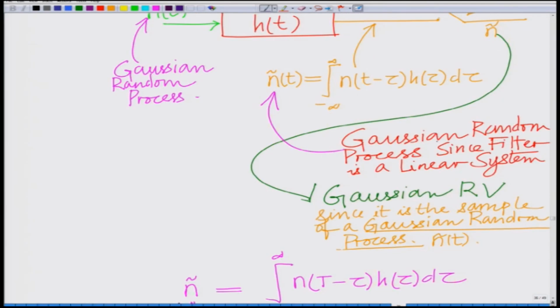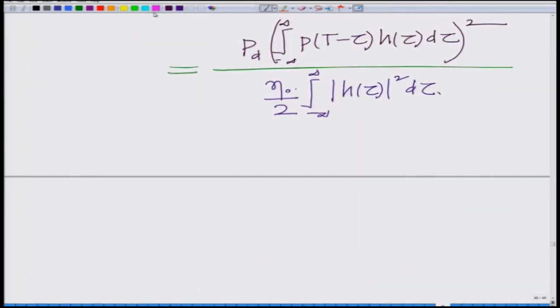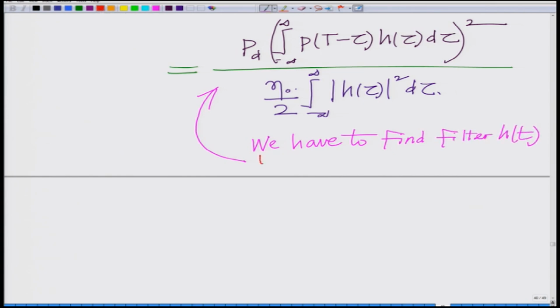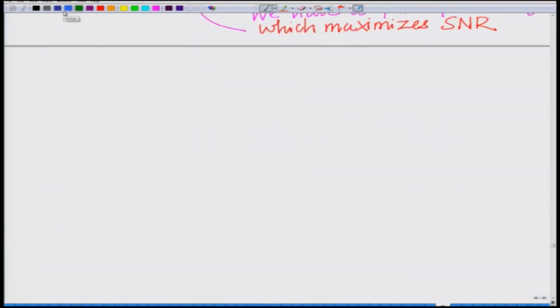This is the signal to noise power ratio. Now we have to find the filter h(t) which maximizes the SNR, and for that we will use a property.